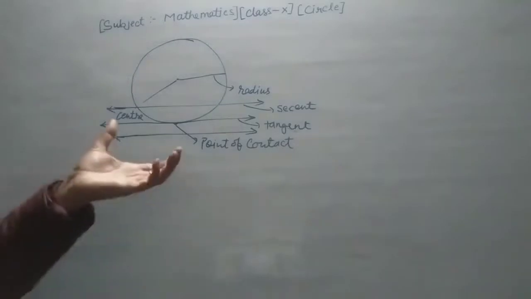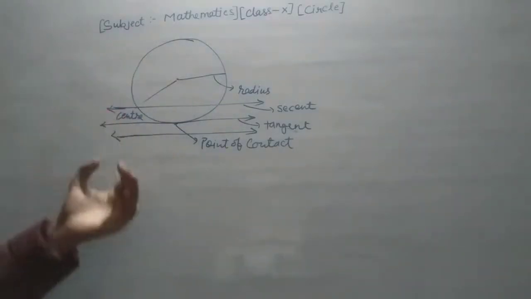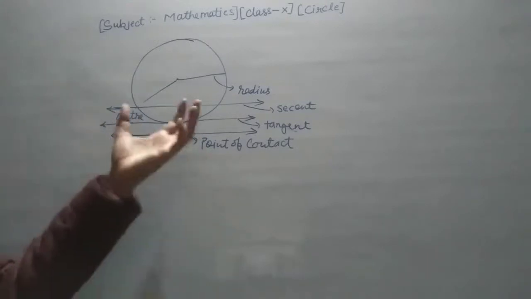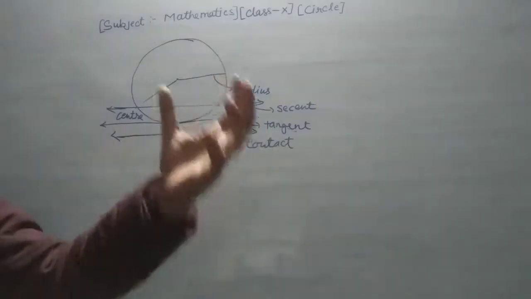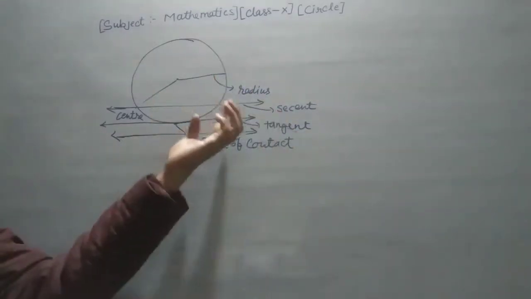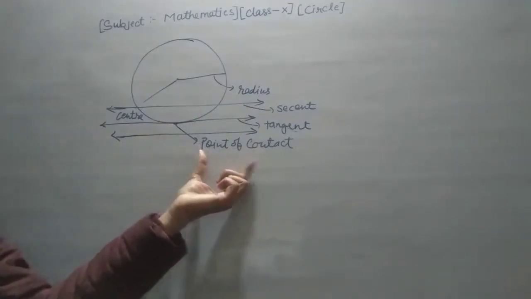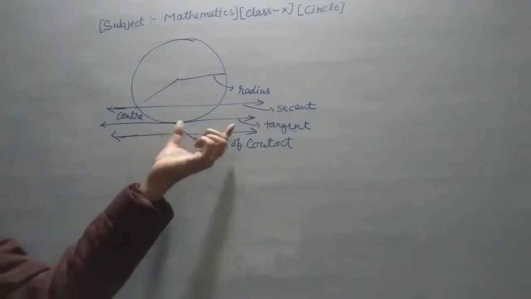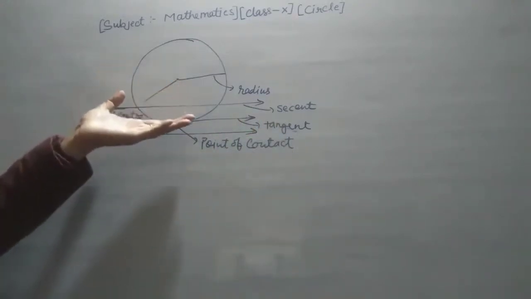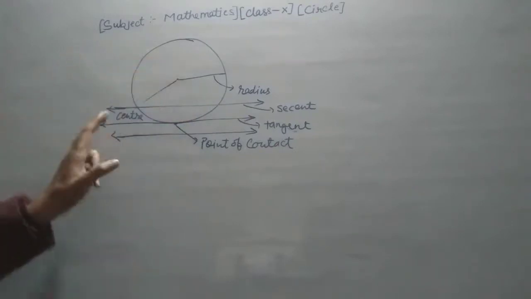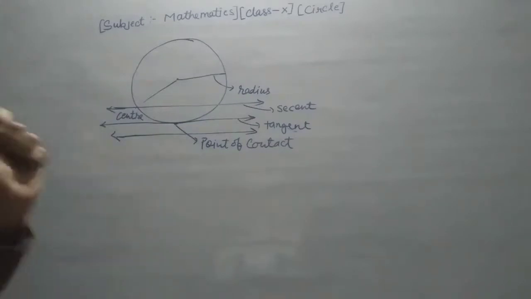So this line is moved from here and there and makes a condition with the circle. If it touches the circle at a point, that point is known as the point of contact, and this line is known as a tangent. When this is moved upward on the circle, then it is converted to a secant. Did you understand what we have to say?